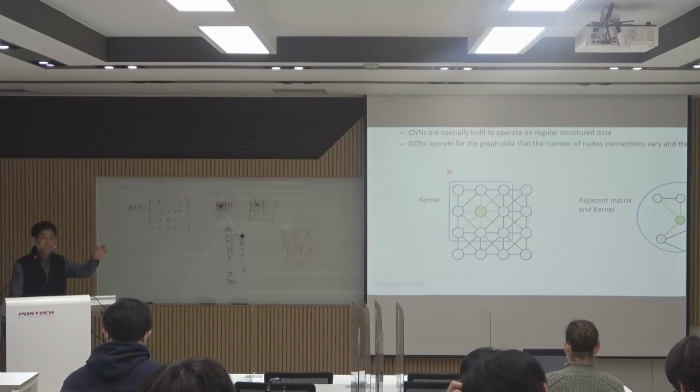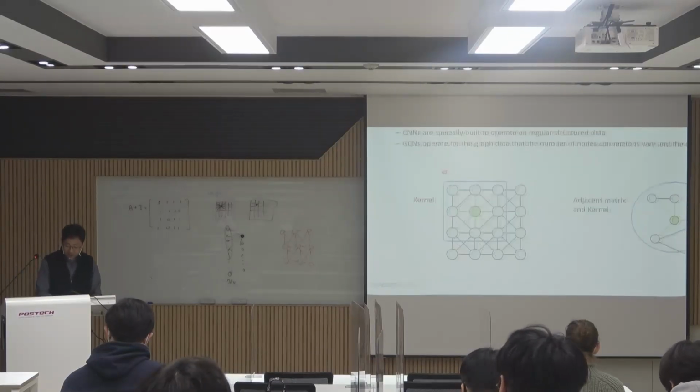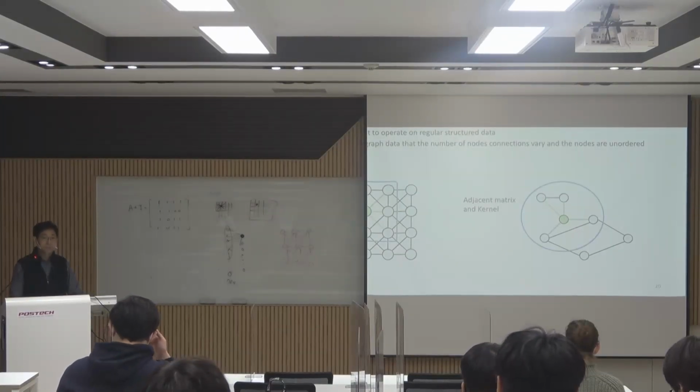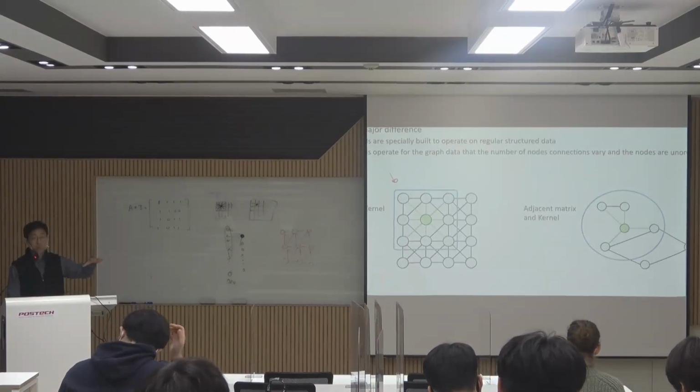And I want to generalize it. How? That's the graph. So a graph is a generalized version of convolutions.